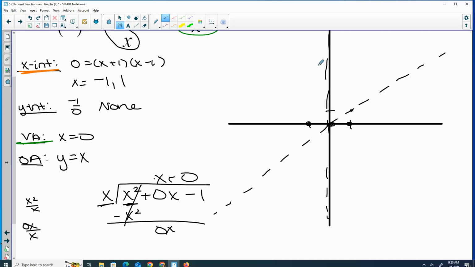On the left, it can either be above my oblique or below, but which one does it have to be? Above. And I don't even have to plug in a point for that because I already have a point here. So I know my graph has to go through that point, and the only option then is if it looks something like this.